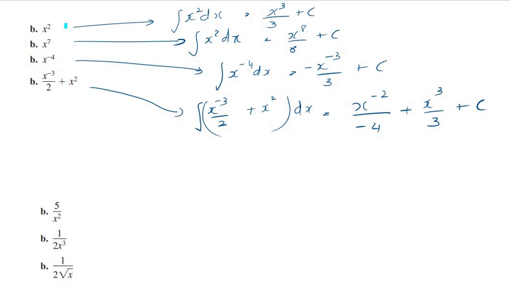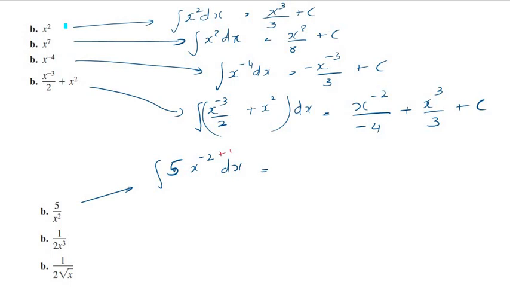So let's look at this function. Here it can be written as 5 x to the power minus 2 dx. So the antiderivative of this is you add 1 to the power and you divide by that. That's how you get the antiderivative.